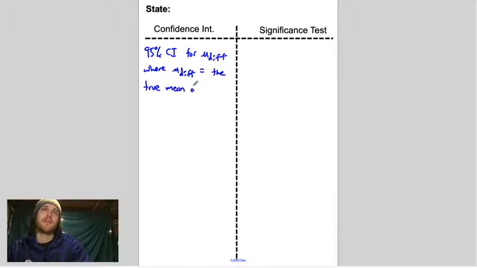Make sure you say mean difference and not difference of means. The true mean difference, because you are taking the mean of a bunch of differences for our sample, but we're trying to estimate the mean difference.